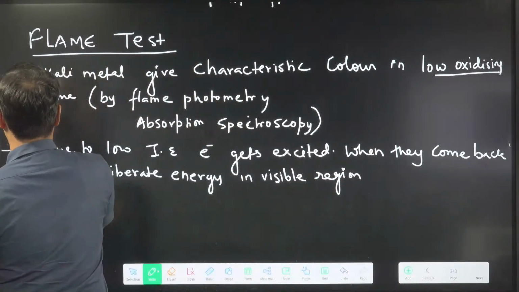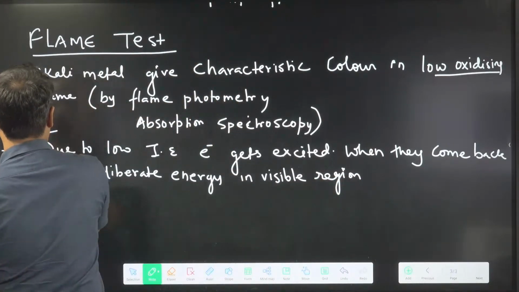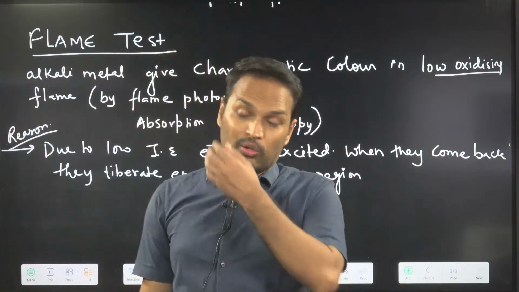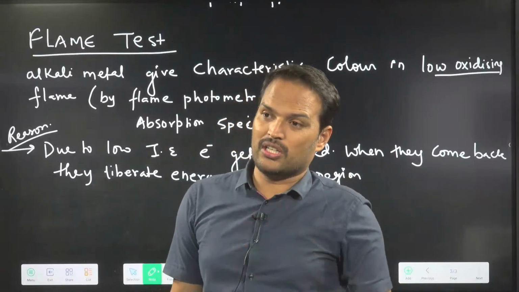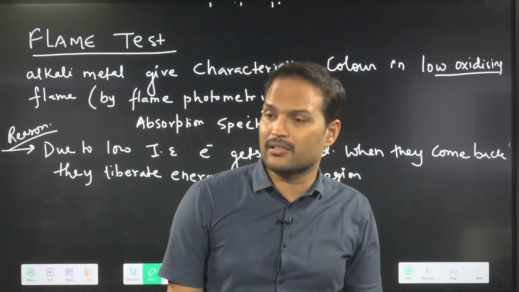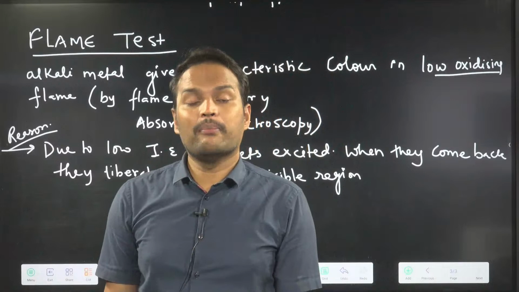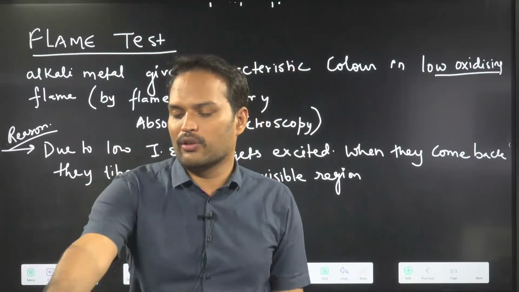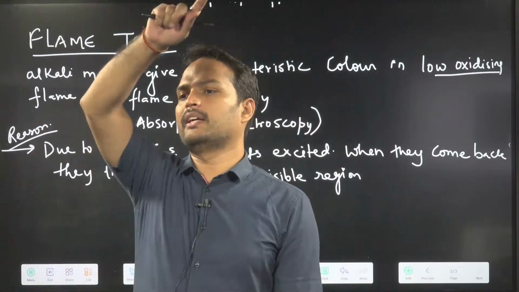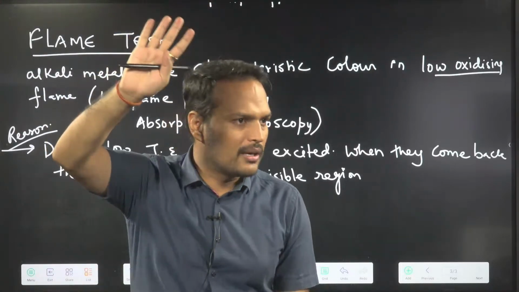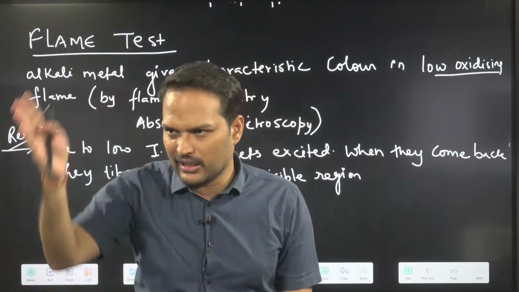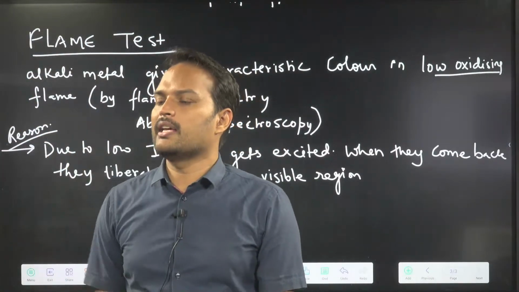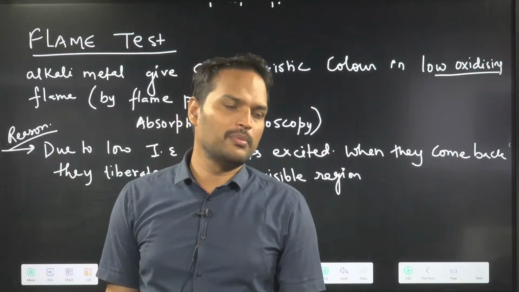This is the reason why you are seeing different colors. Do you remember cesium and potassium used in photoelectric cells also? Because their ionization energy is less, you can remove the electron easily. When you heat cesium, the electron is excited to a higher level, and when it comes back, energy is liberated. Now this energy lies in the visible region.